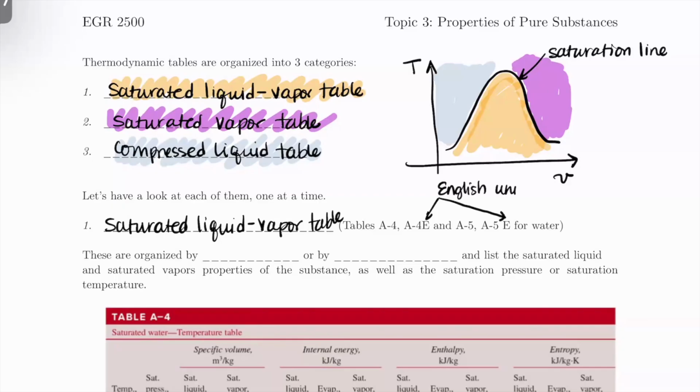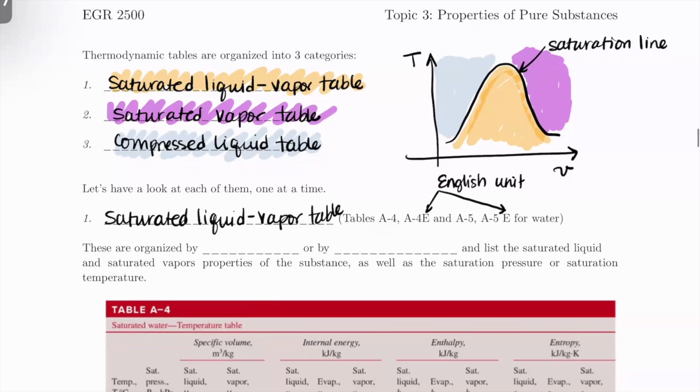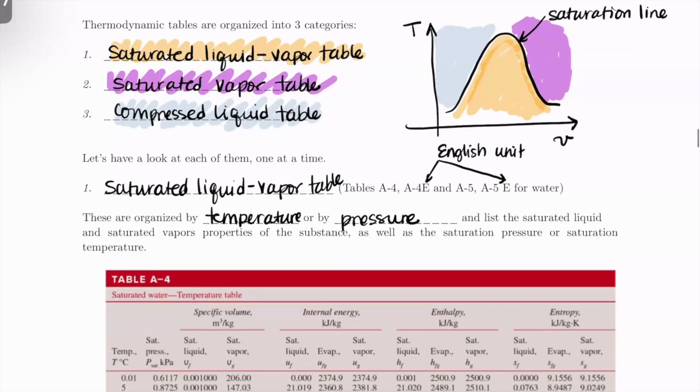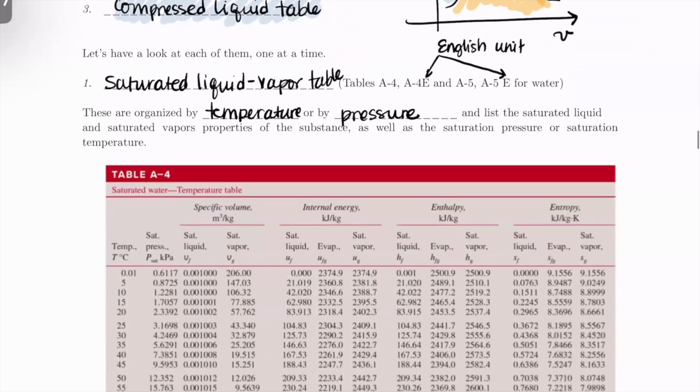So it's all the same information as the table without the E at the end, but a difference of units, okay? These tables are organized by temperature or by pressure, and they list the saturated liquid and saturated vapor properties of the substance, as well as the saturation pressure or saturation temperature. Okay, so let's have a look in here.